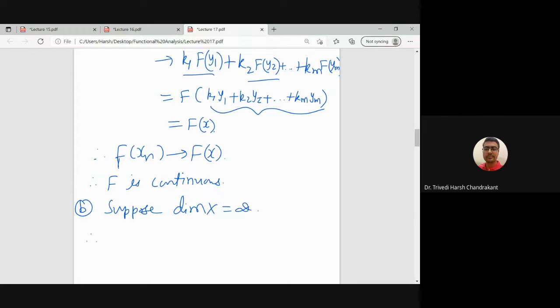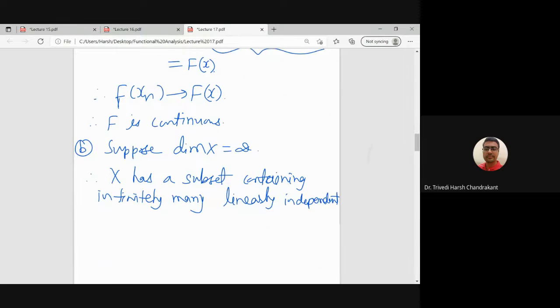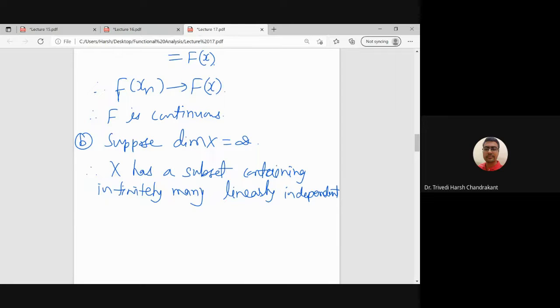Whenever we have an infinite dimensional vector space, X has a subset containing infinitely many linearly independent elements.